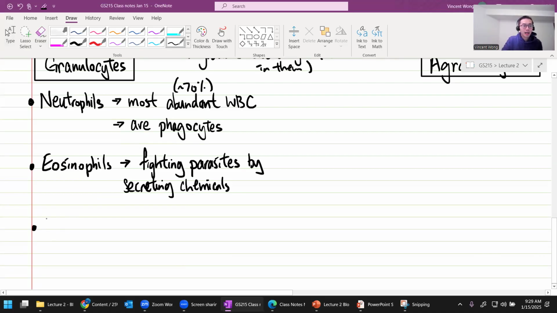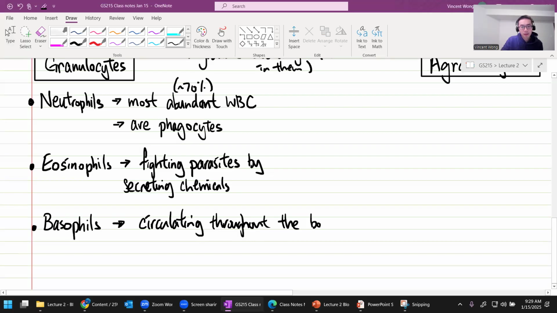And then there is basophil. Basophils are circulating throughout the body and can trigger inflammation.